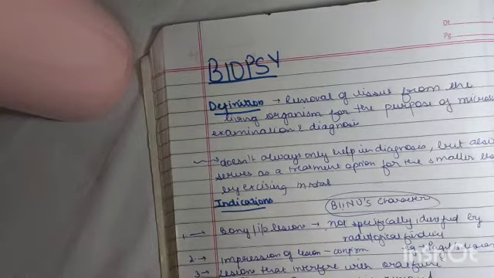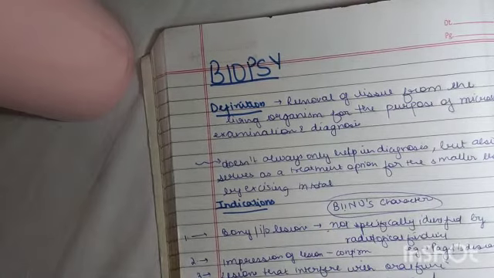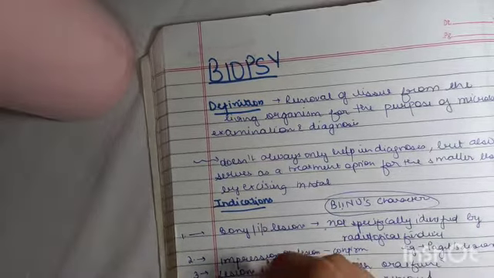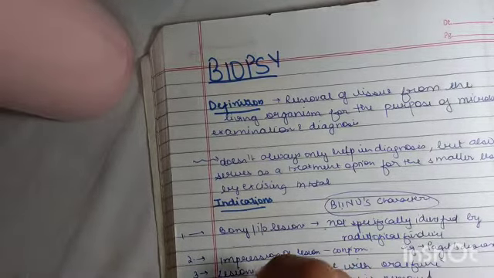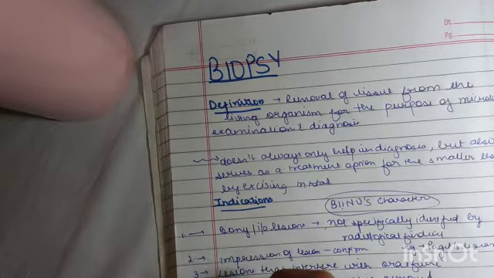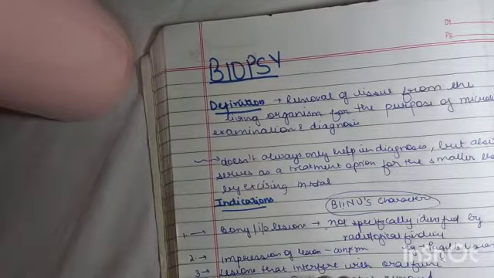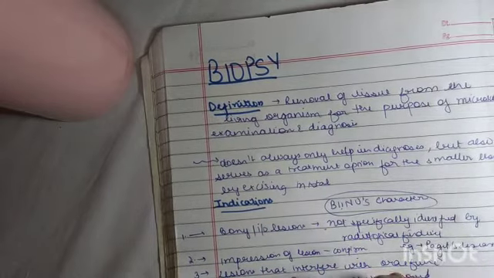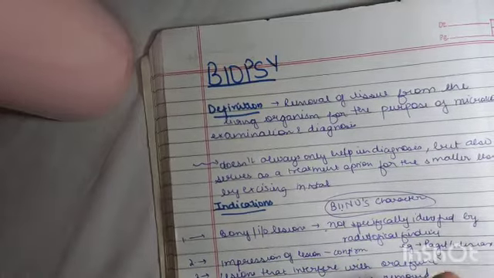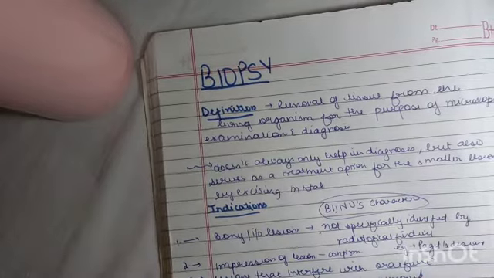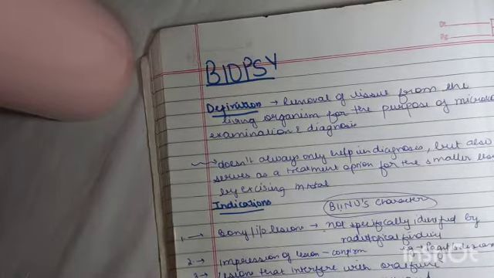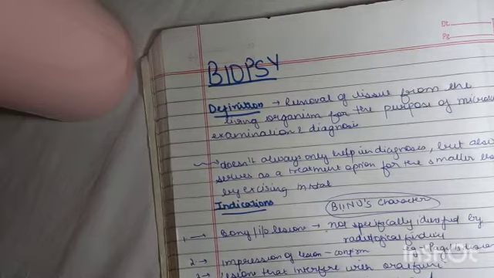Then by U, you can remember unknown. So it is basically lesion is not responding, and inflammatory changes of unknown origin. Then by character of malignancy.